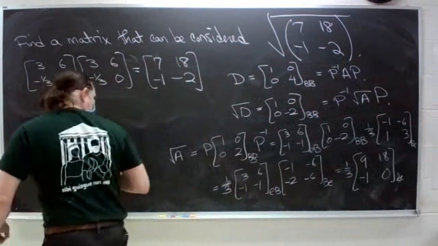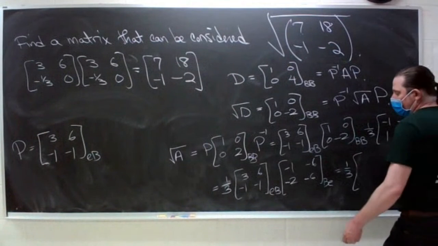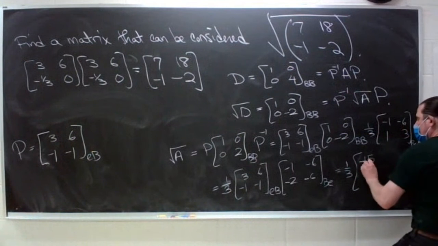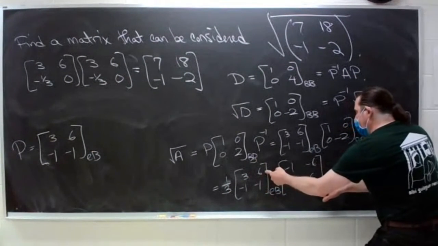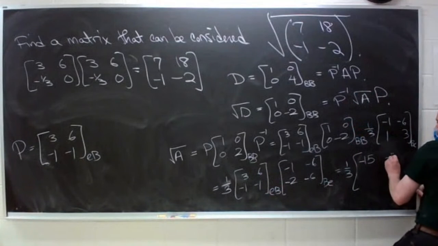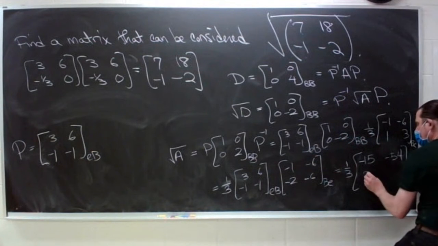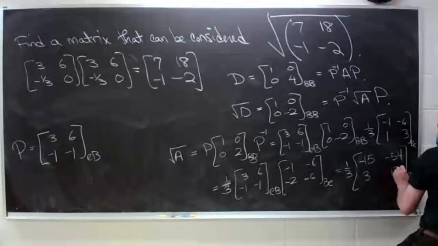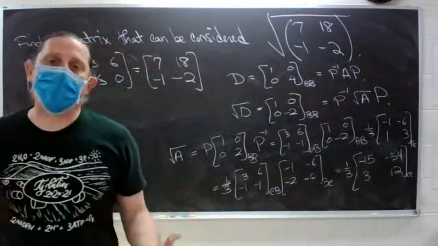And so what we'll get is 1/3 again, -3 minus 12, -18 minus 36, 1 plus 2, 6 plus 6. Amazingly, the 1/3 cancels out.